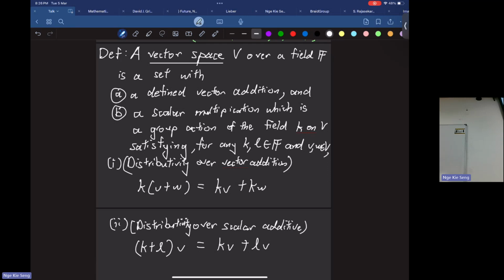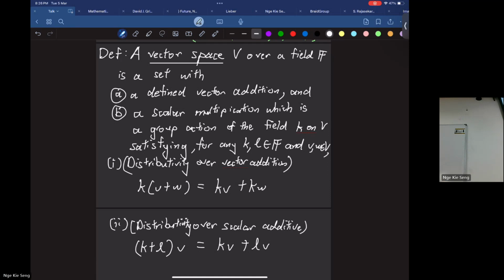This is scalar multiplication, and it has to be a group action. Still remember the two laws, identity and associativity: the one inside the field, when multiplied to a vector, gives back your vector. Then associativity and these two distributivity laws.